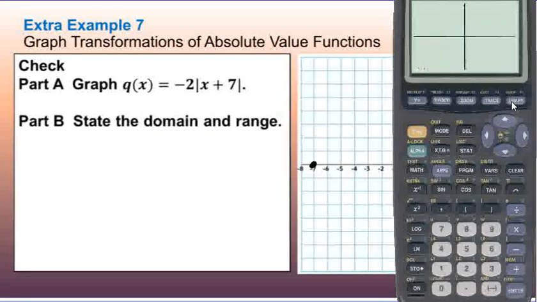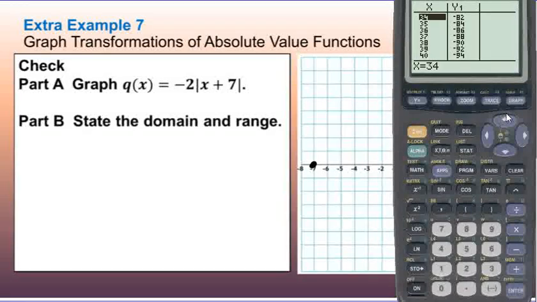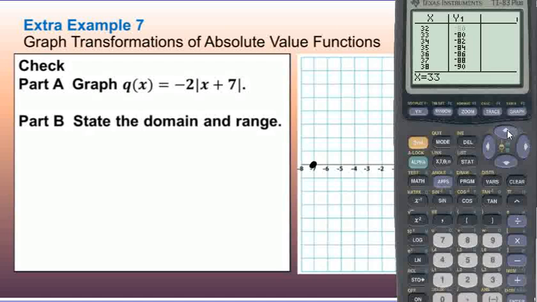Then if I hit graph, you can see what the graph would look like, but to plot it, hit second graph, get to tables. I need to scroll up. I know it's at negative 7, so I want to get to the negative 7 part for my x.